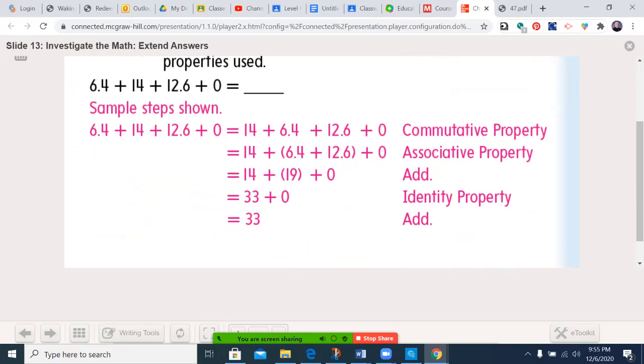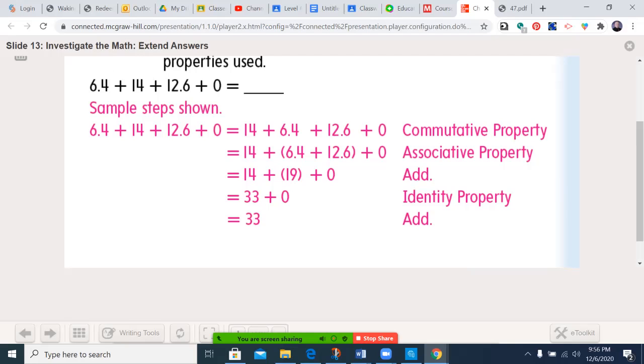I changed the order around because I know I'm going to use parentheses when I get to the associative. Changing the order is commutative. So now instead of 6.4 plus 14 plus 12.6 plus 0, I had the 14 plus 6.4 and 12.6 plus 0. Putting the 0 at the end can make things a little easier for mental math because you're probably just going to leave it off.